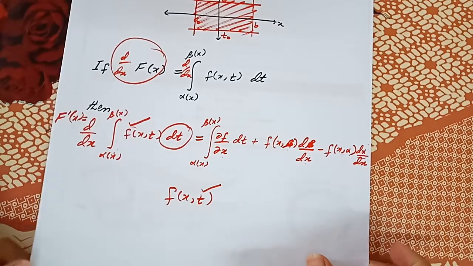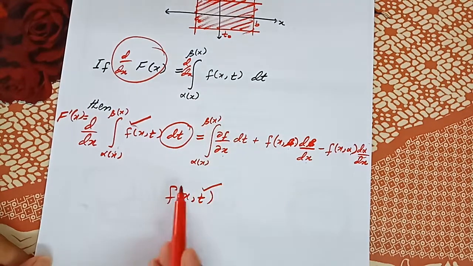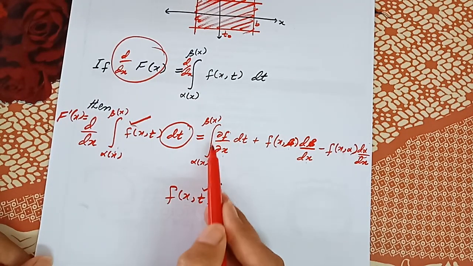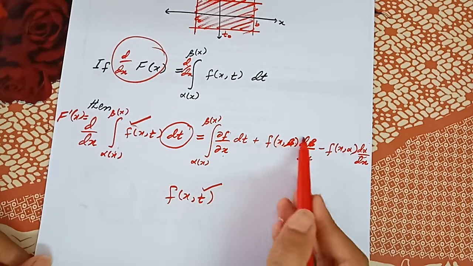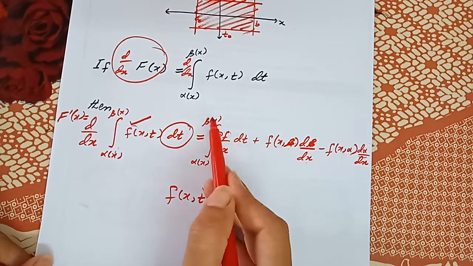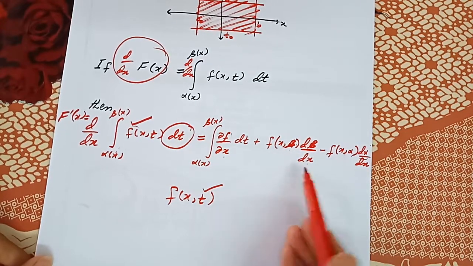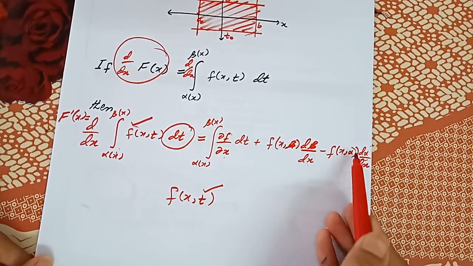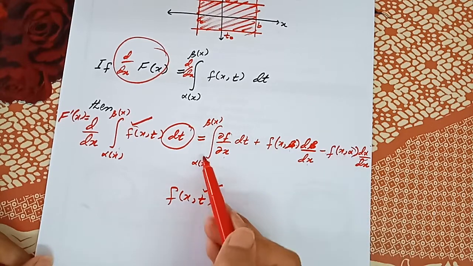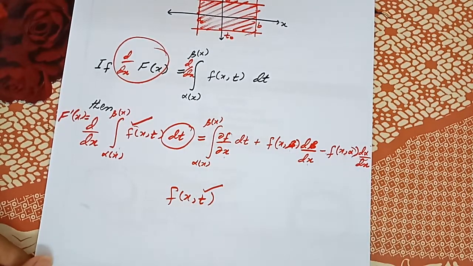So this is the statement of Leibniz rule. If you are finding the derivative of any integral, find the derivative of the inside function, then replace the second coordinate with the upper limit and the derivative of the upper limit with respect to x, minus the second coordinate replaced with the lower limit and the derivative of the lower limit with respect to x.